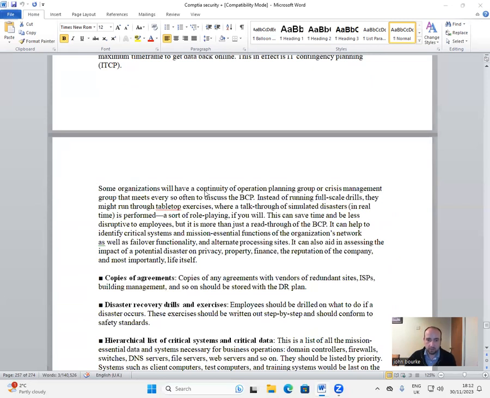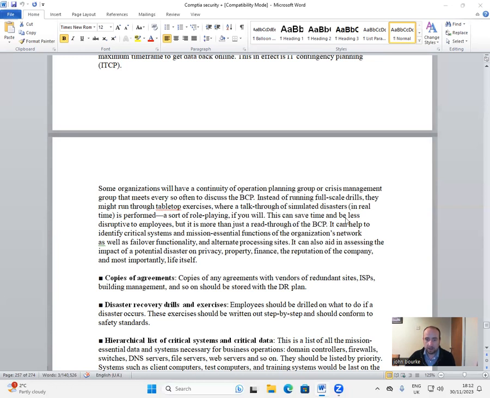Some organizations will have continuity of operation planning groups or crisis management groups that meet every so often to discuss a BCP. Instead of running full-scale drills, they might run through tabletop exercises where a talk-through of simulated disasters in real time is performed, a sort of role-playing, if you will.